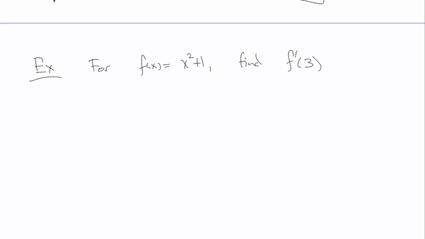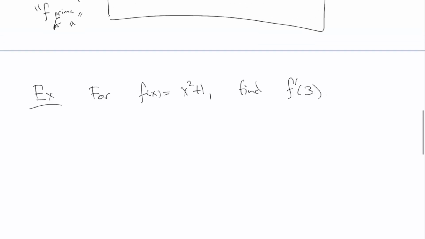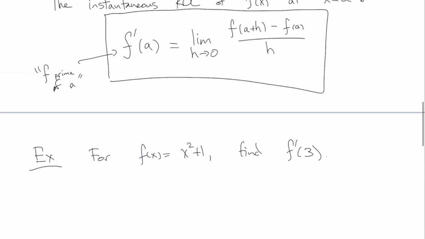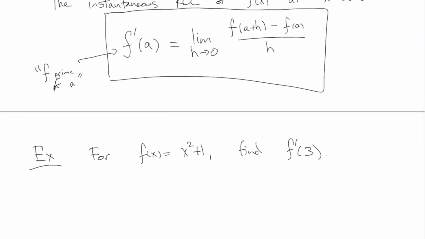All right, f prime of 3 means the instantaneous rate of change at the point a equals 3. Don't think too hard about this yet. I'm just going to plug into the formula up there, using a equals 3. That's all I got so far, but we can write that down at least.